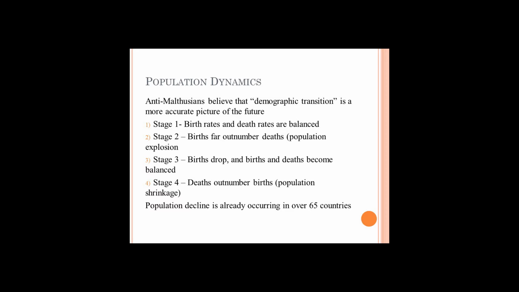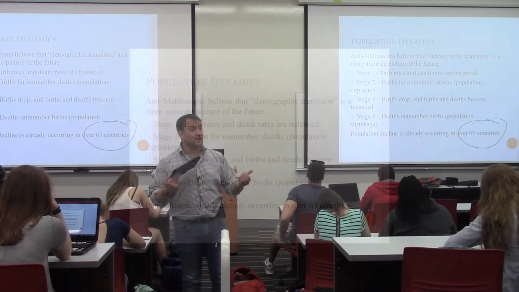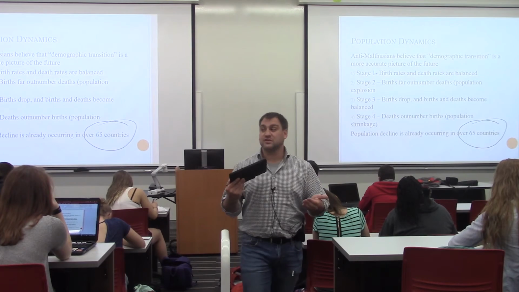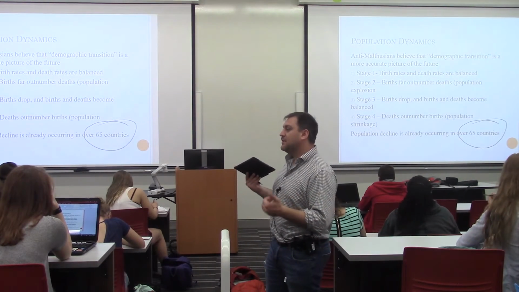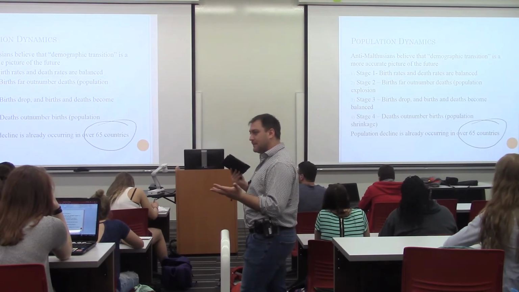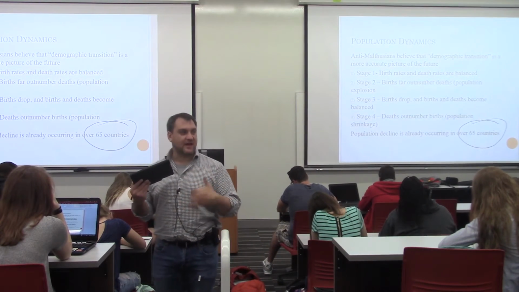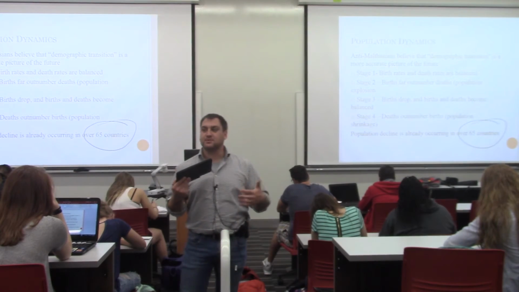And shrinking populations have their problems, just as growing populations have their problems. Shrinking populations mean there are not enough people to support the economy, the government, and the other institutions within that social system. And those institutions crumble.